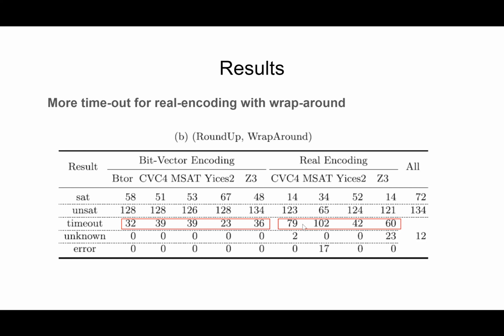The reason behind it is that when we convert into real, there must be some real to int function call for the modulo operation, so it makes the function much more complicated.